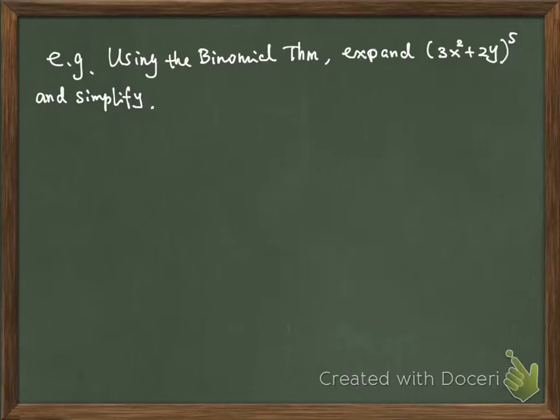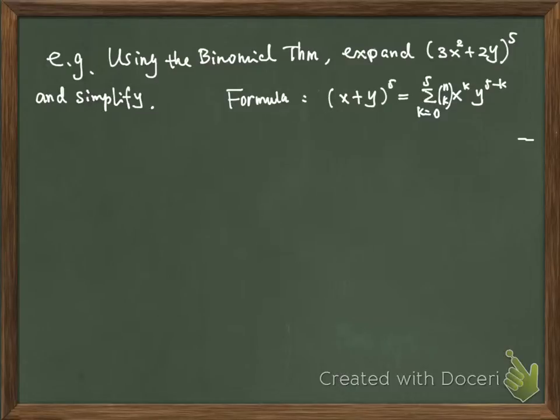Okay, again, the original formula says if you have x plus y to the fifth power, it would be expanded in the form of the sum of x to the k power y to the 5 minus k, with the coefficient in front as n choose k, where the index k, the power of x, can be taken all the way from 0, 1, 2, up to 5.